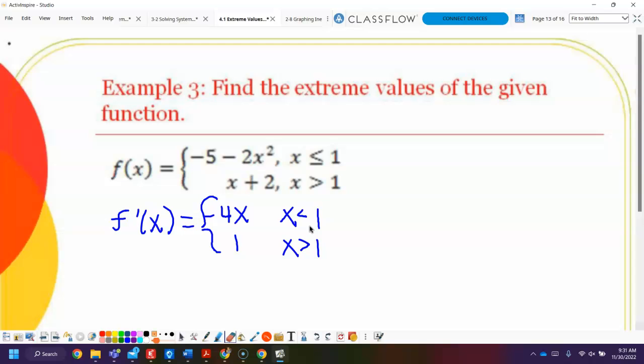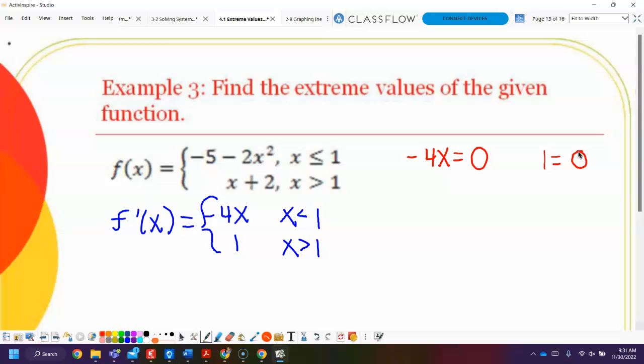We also know they're not continuous if you plug 1 into the originals. Will we have any critical points? You take those graphs and say, okay, -4x has to equal 0 and 1 has to equal 0, because those are my derivatives.